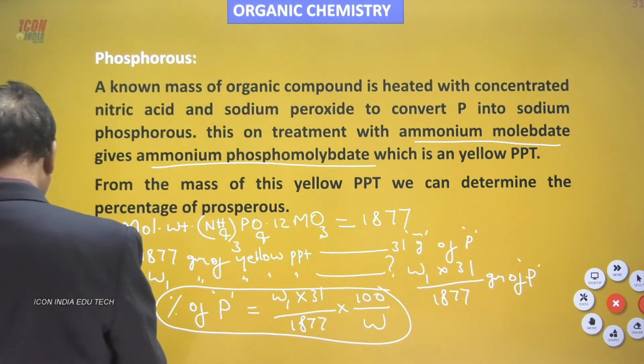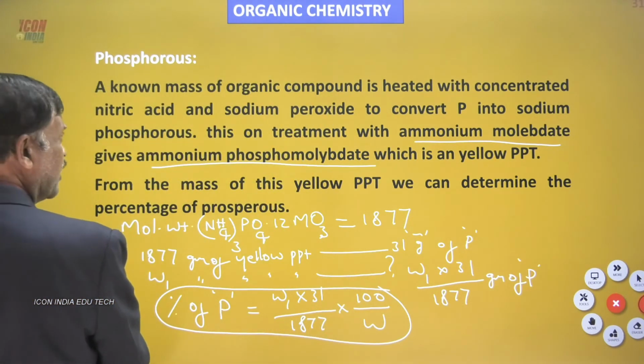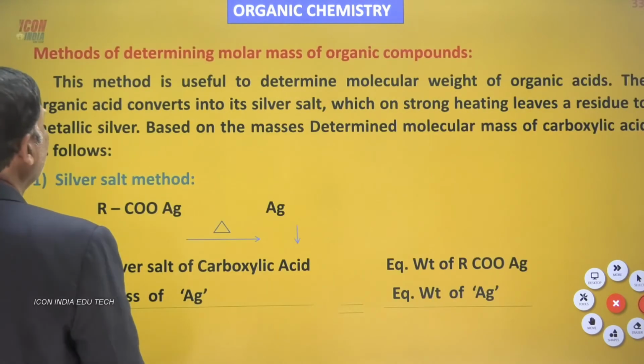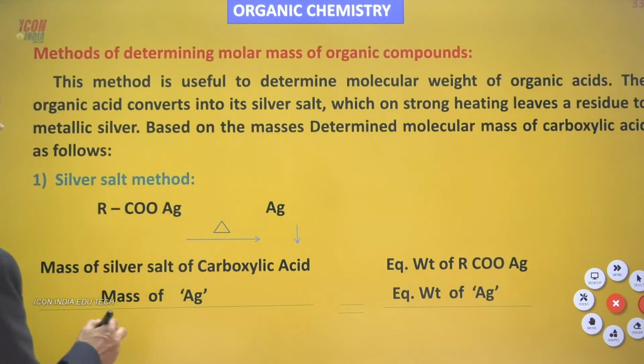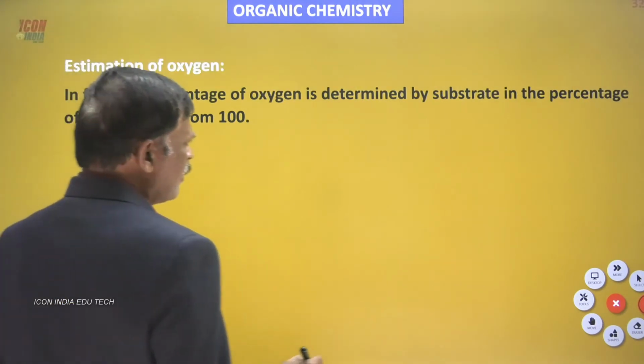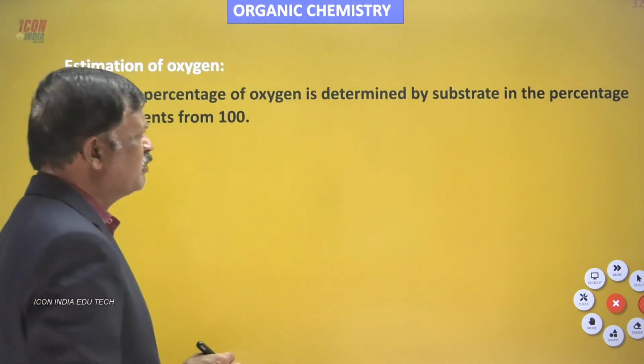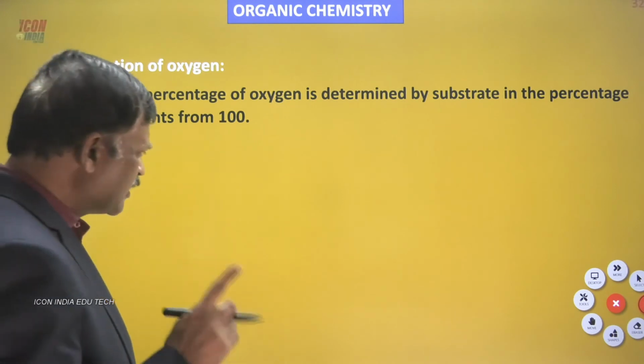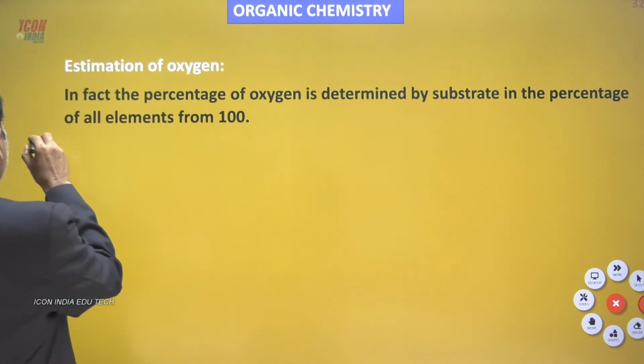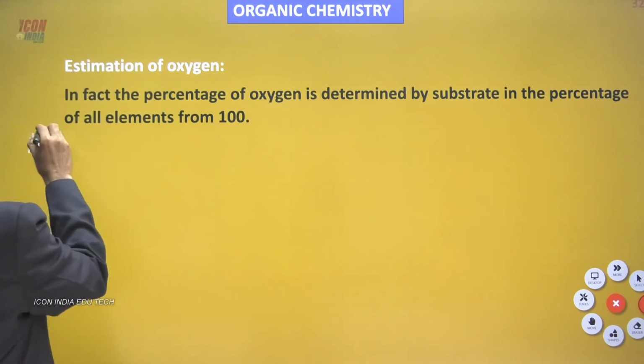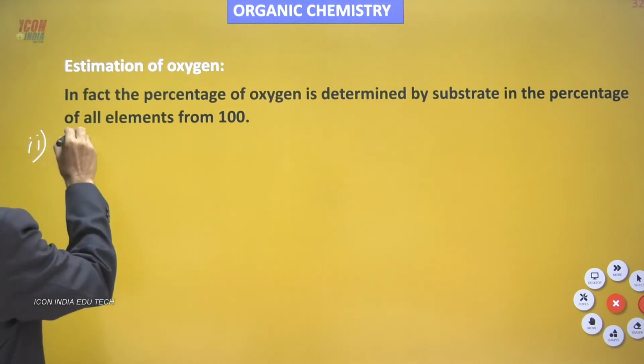Next, one more method is there to estimate phosphorus, before you see the estimation of oxygen. Second method to estimate phosphorus.